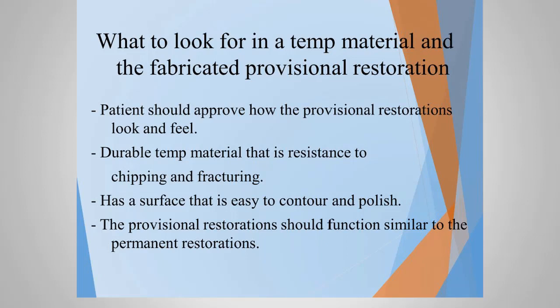And again, we want these temporaries to mimic the final restoration as much as possible, so that the patients can get a true sense of what it is to have these temporaries, and what it is to later on have these permanent restorations, and they should be similar. It shouldn't be a big gap between the way I'm making my temporaries and the way they feel, as opposed to the permanent restorations that will be coming in later on.